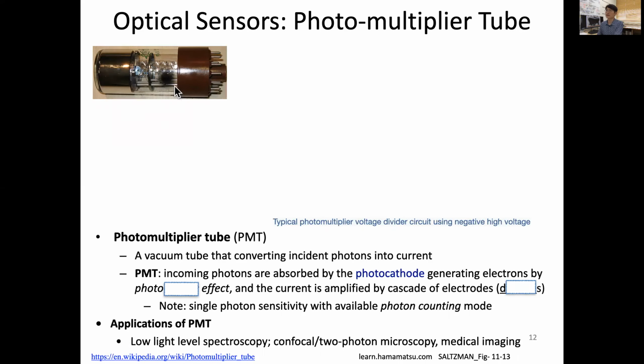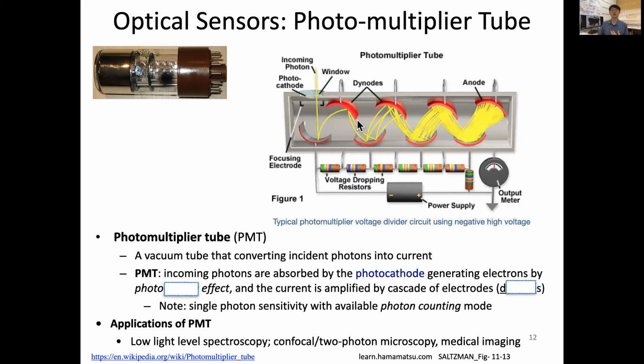And if you look inside, this is a simple diagram, although it looks a little complicated, but let's take a look. When the incoming photons get in, you see there is a photocathode. So this will eject a photoelectron, and that photoelectron is a negative charge.